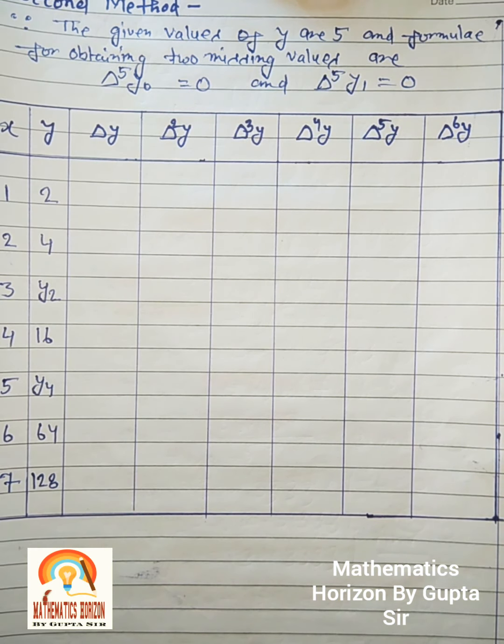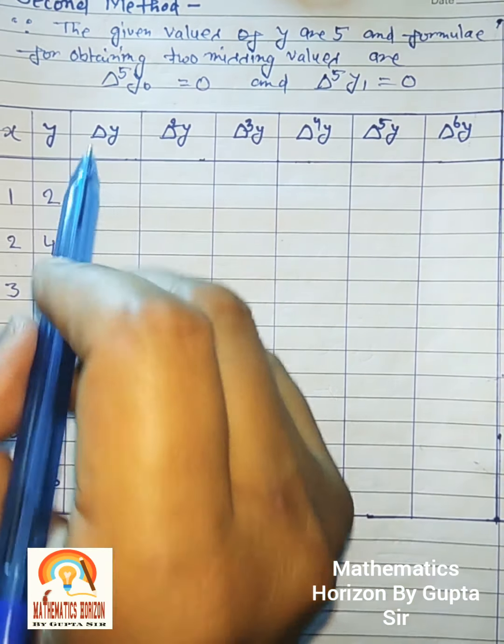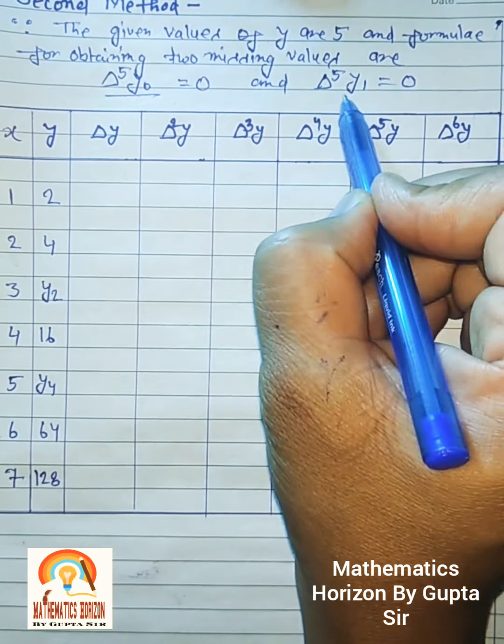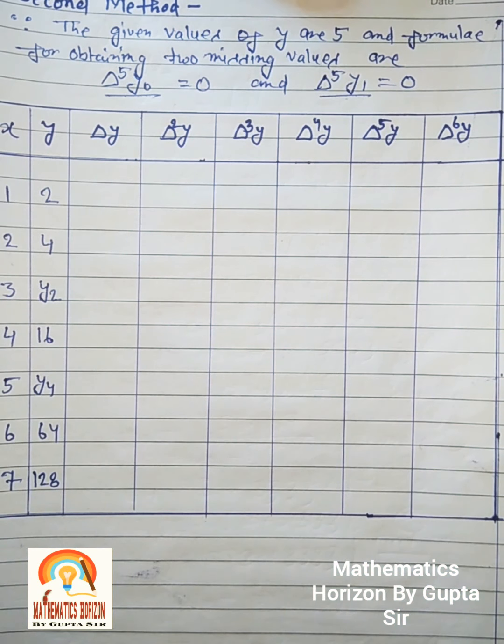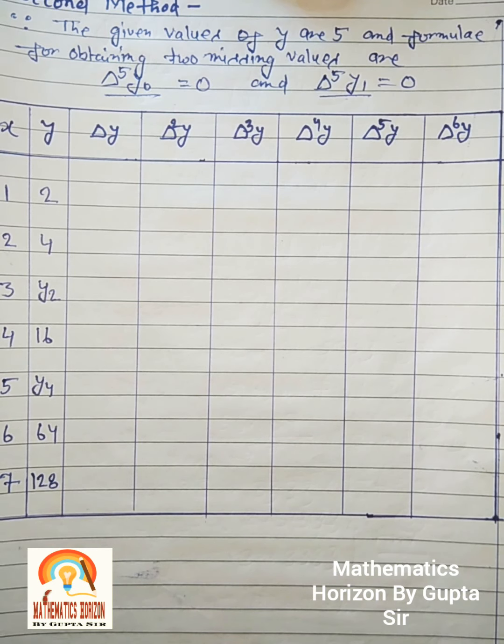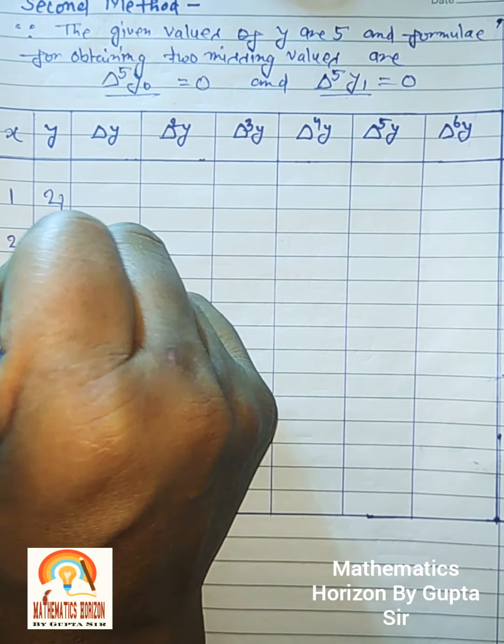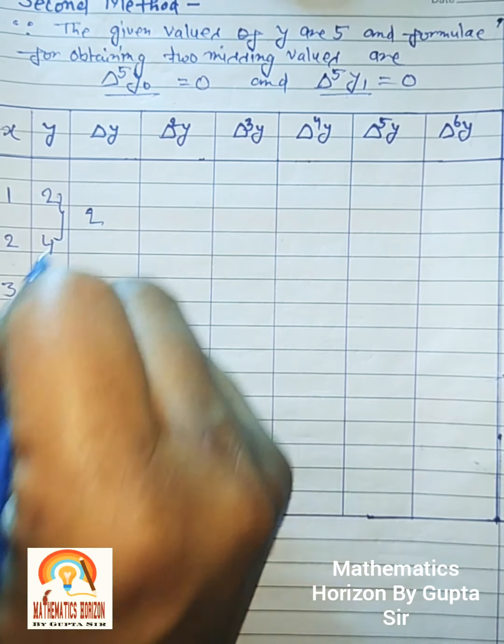Now we calculate one by one the forward differences. Okay, we have to find these two terms, del 5 y0 and del 5 y1. Now how will we find these two terms? Differences of these two, 4 minus 2 is 2.